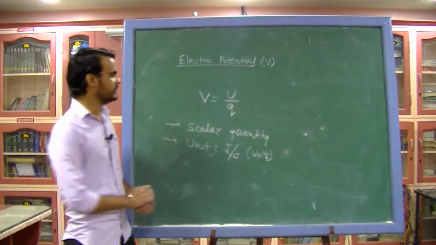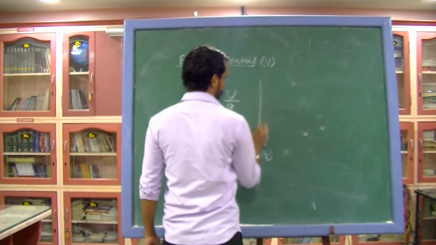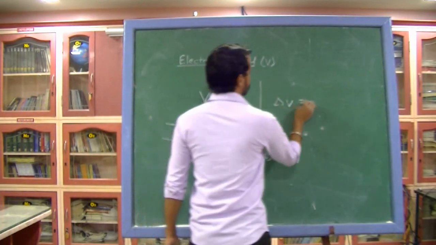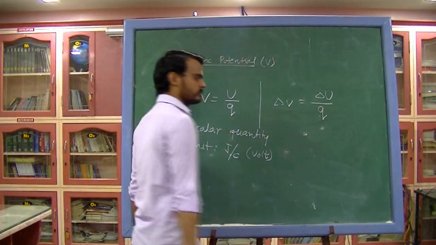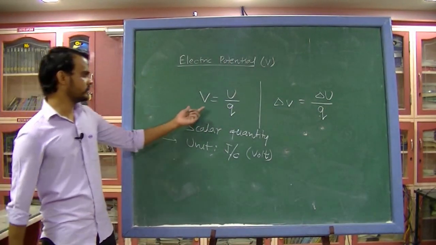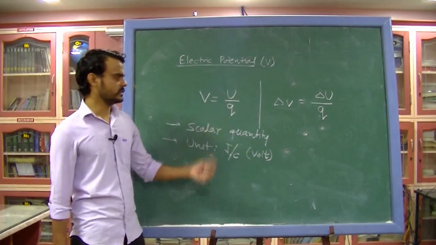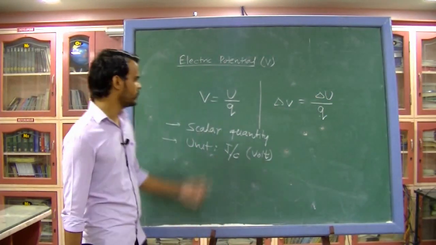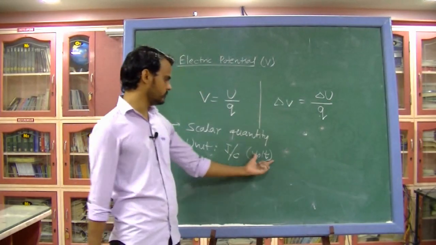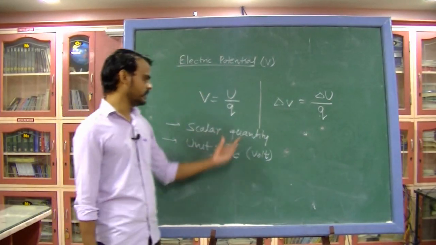Similarly, a change in potential is the change in potential energy per unit charge. The unit of both is joule per coulomb, also called volt, and they are scalar quantities.